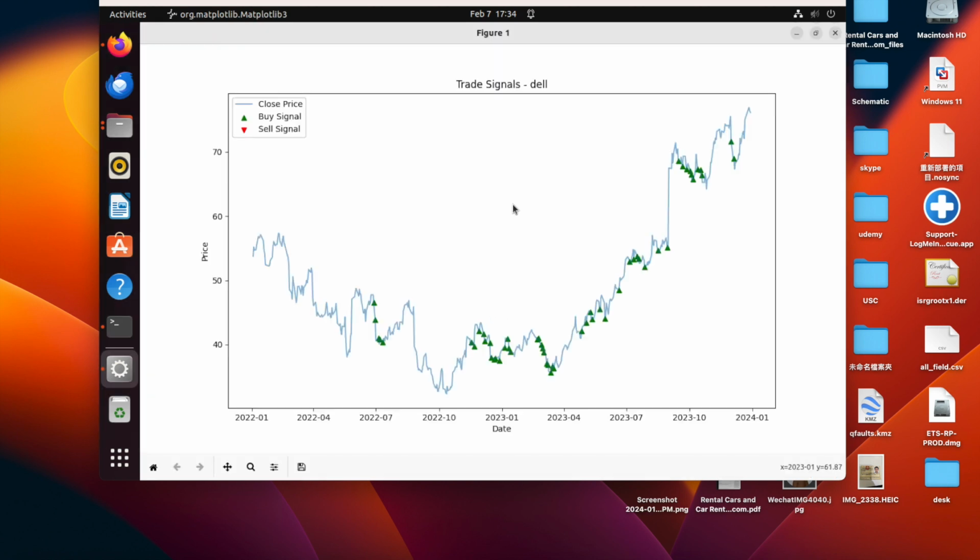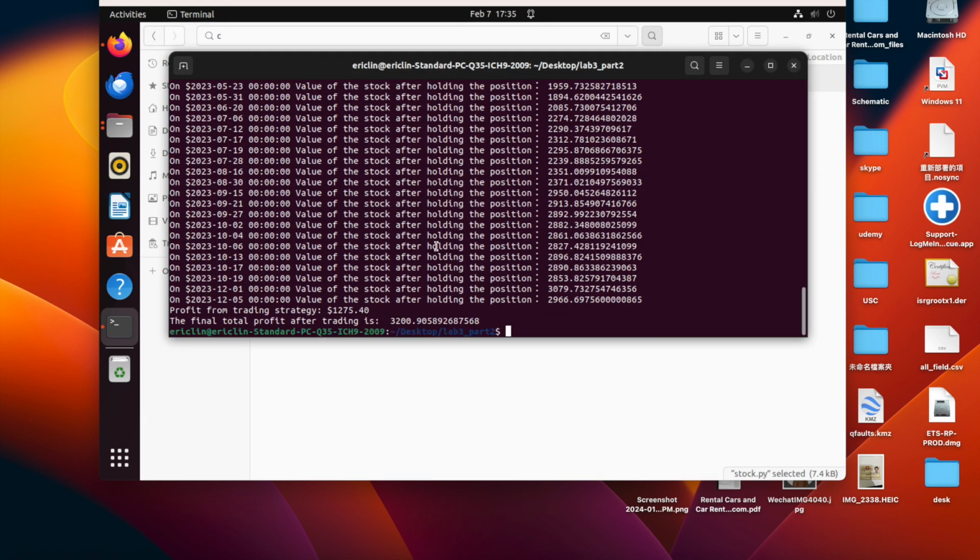And this will generate another chart for the other stock, Dell. You can see there are a lot of opportunities to buy the stock. So now the simulation training environment is finished.